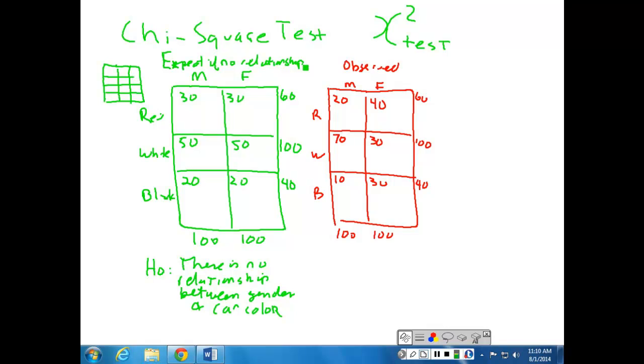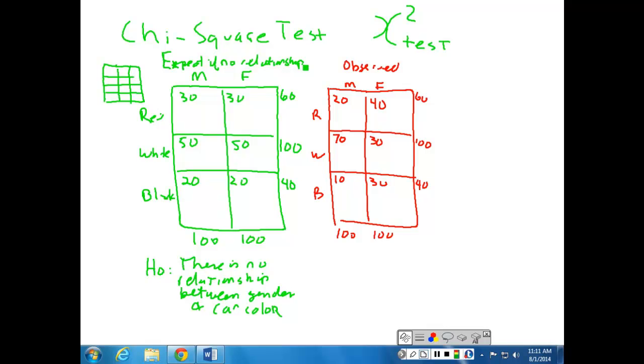It looks like it, because these numbers are far from what you would expect if there's no relationship. In fact, that really is the same logic we've been using all along. It looks a little different, but I think maybe even a little easier to see. If we can say there is a relationship, it means they're far from what we'd expect if there's no relationship.